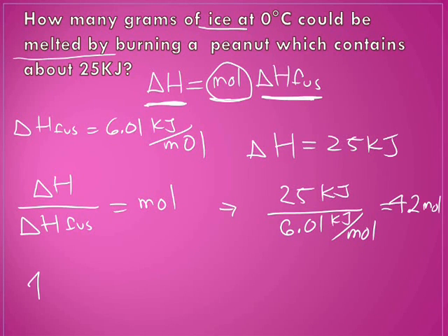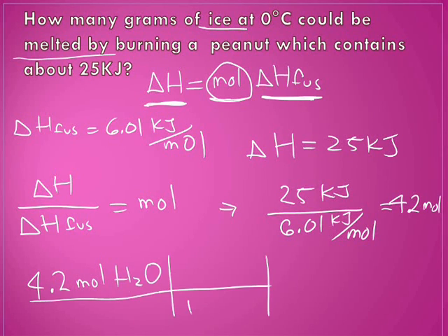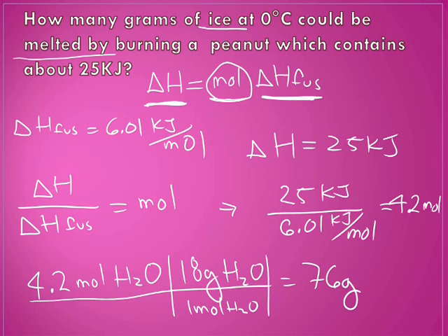But we want grams, so 4.2 moles of water times 18 grams of water per 1 mole of water equals 76 grams of ice. So when we melted 76 grams of ice, it took 25 kilojoules.